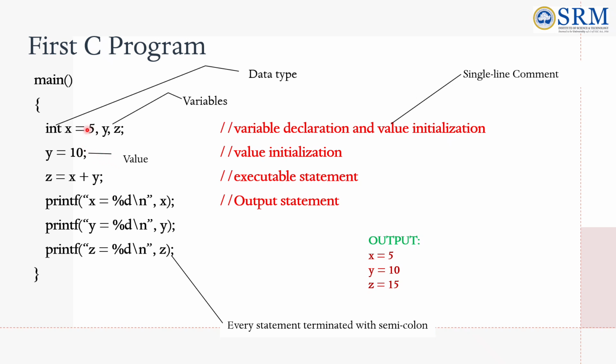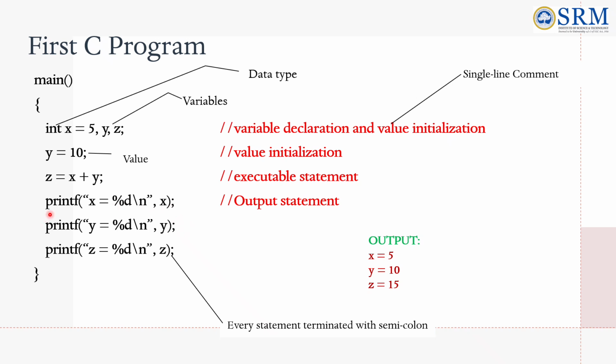Both are correct. You can assign values in either way. Third line, Z is equal to X plus Y. This line computes the sum of X and Y and stores the result in Z. Finally, we display the answers of x, y, and z using the function printf.